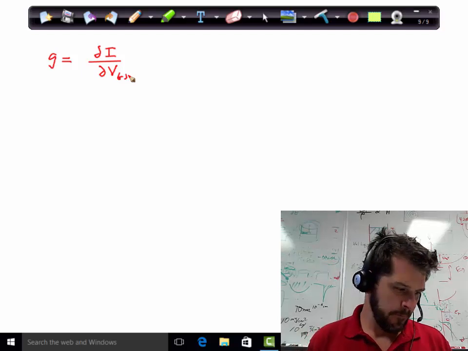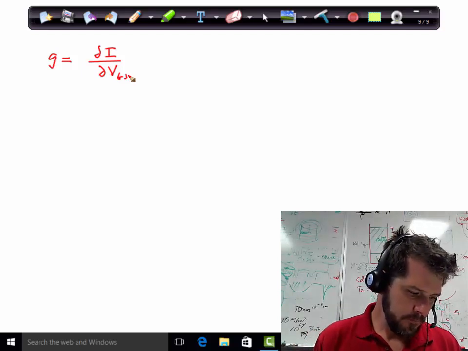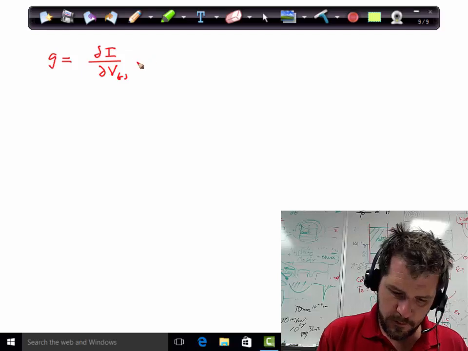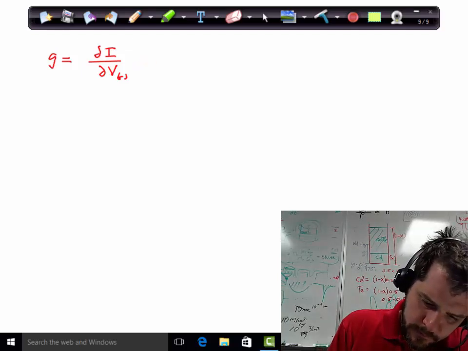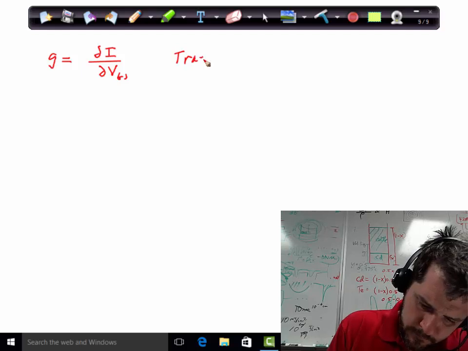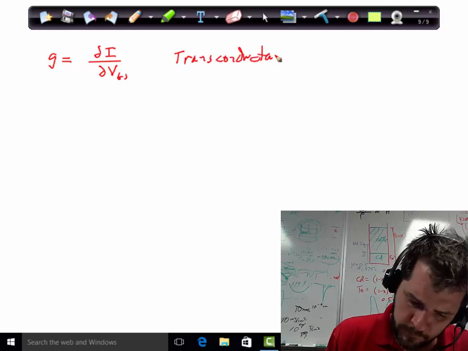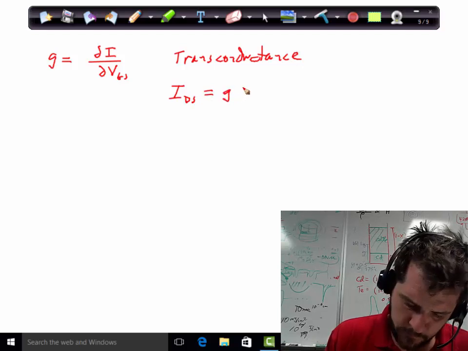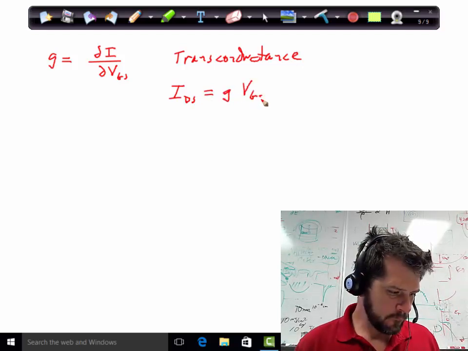And again, the transconductance is what this quantity is called. And remember, if we go back to our definition, we have G times V gate source.